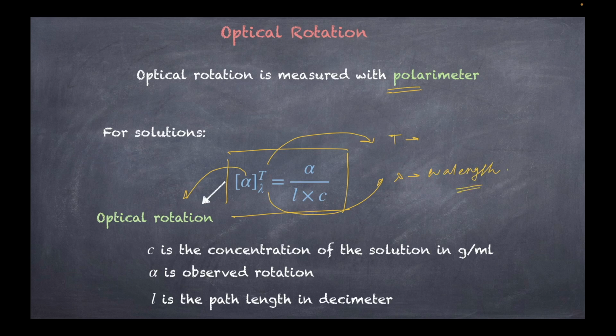Here alpha is the observed rotation, L is the path length of the tube in decimeters, and C is the concentration of our solution in grams per ml.